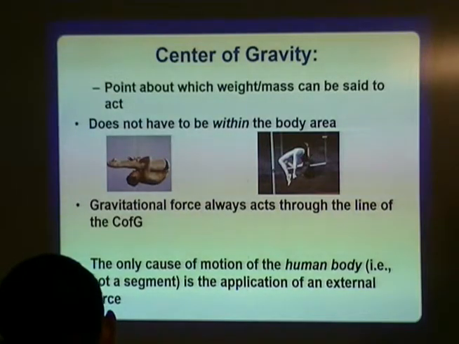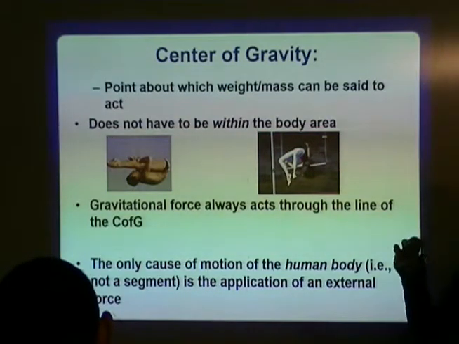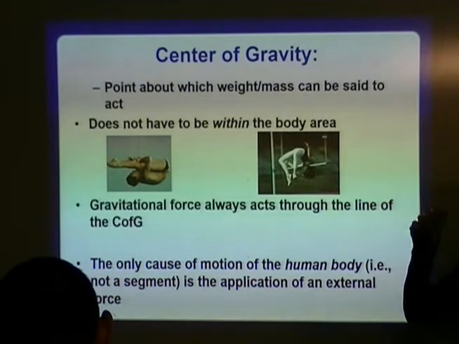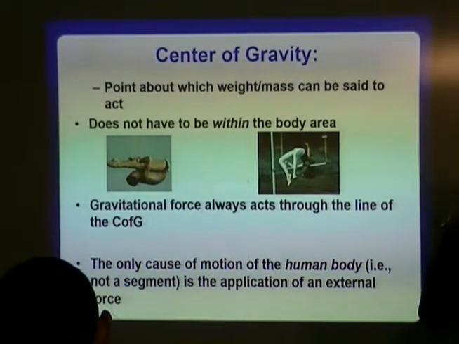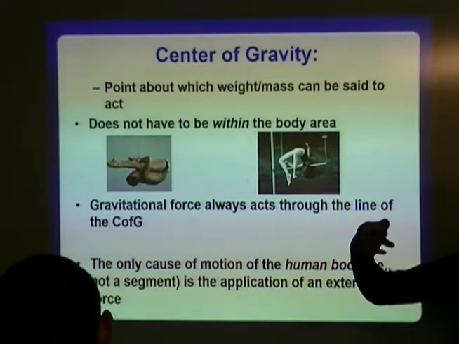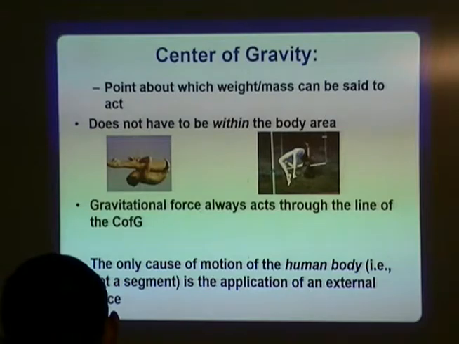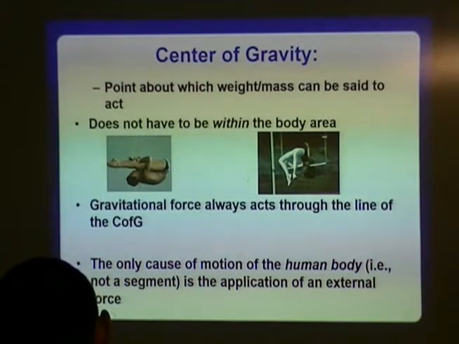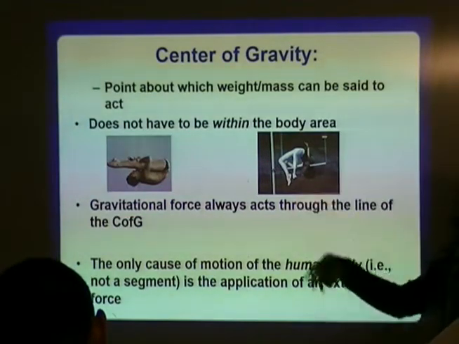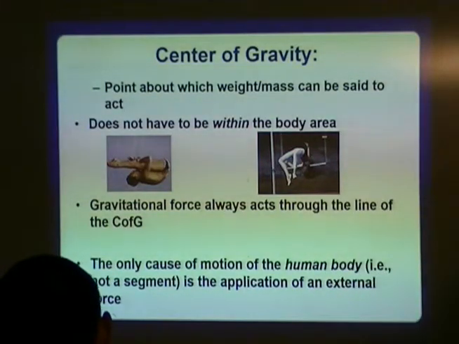So it can become quite a complicated picture if I'm looking at how gravity is acting on every single part of my body. So we start off with a simplified version. Where does gravity act on the whole thing? Doesn't have to necessarily be within your body.